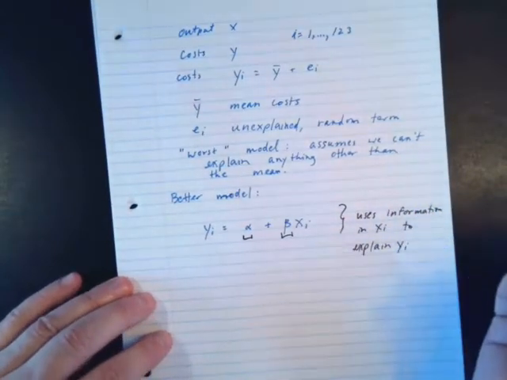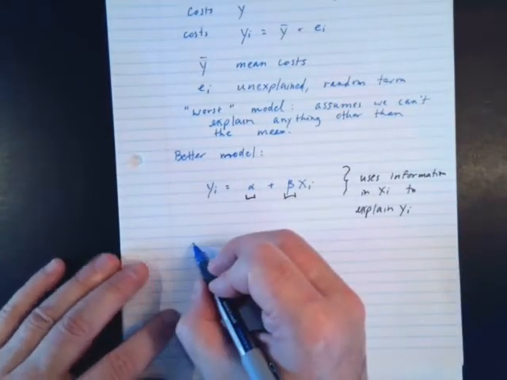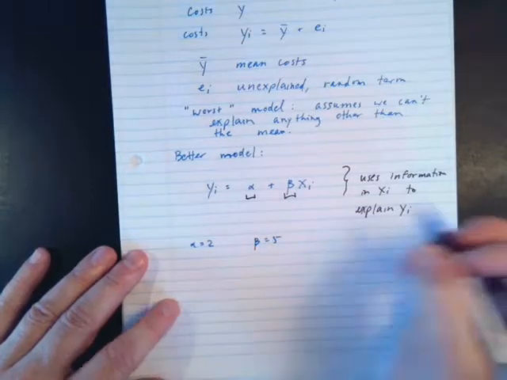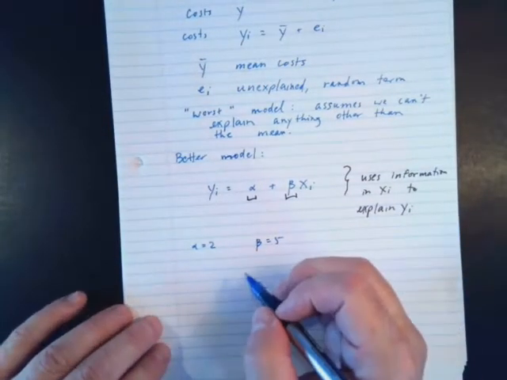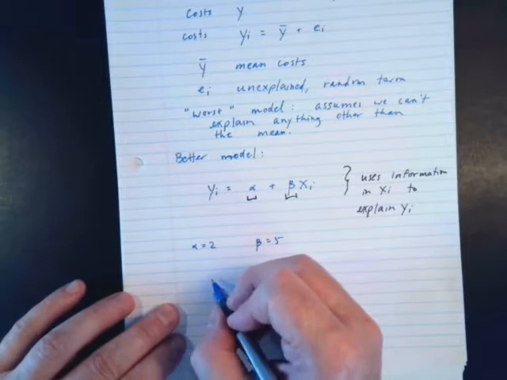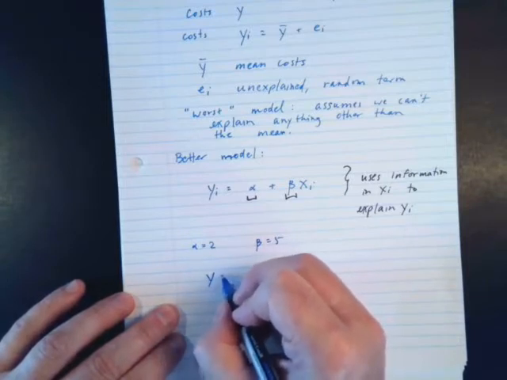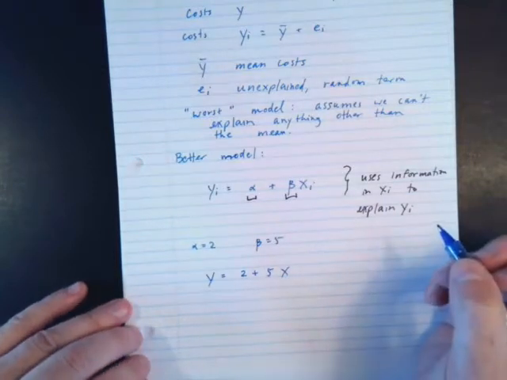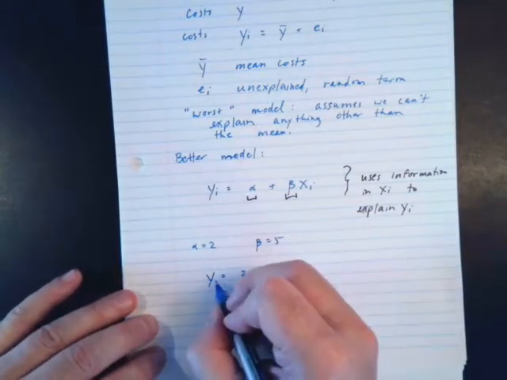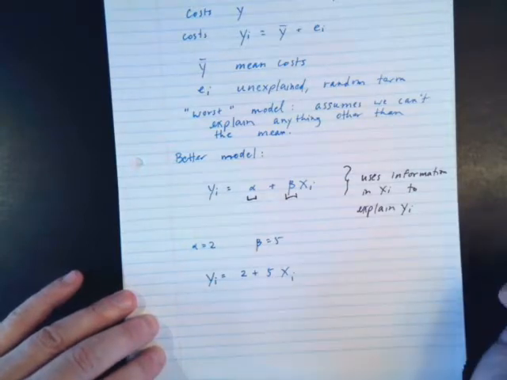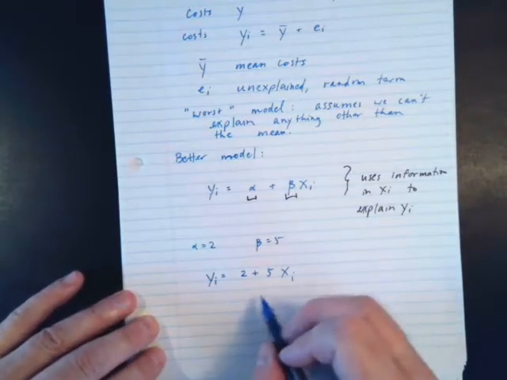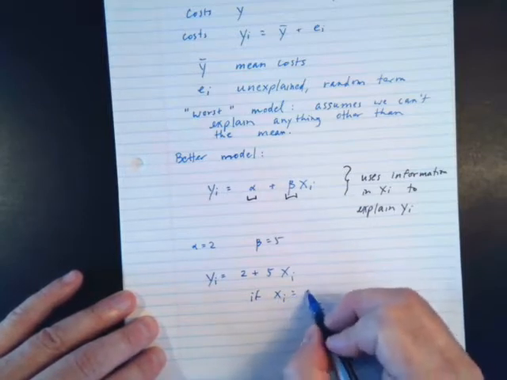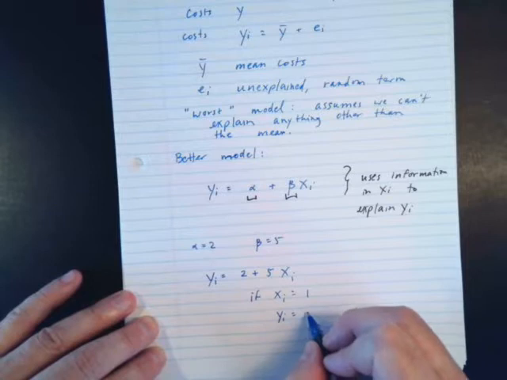Let's say we've gone through some kind of estimating process, and we get alpha equals 2 and beta equals 5. Just made those up. Those won't likely be the right answer. But that means that our model now is y equals 2 plus 5x. I'm going to put a subscript on there. So that means if x equals 1, y_i equals 7.